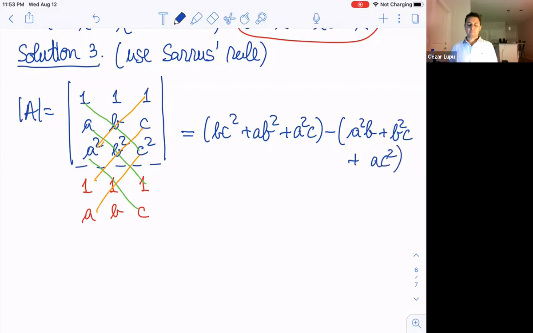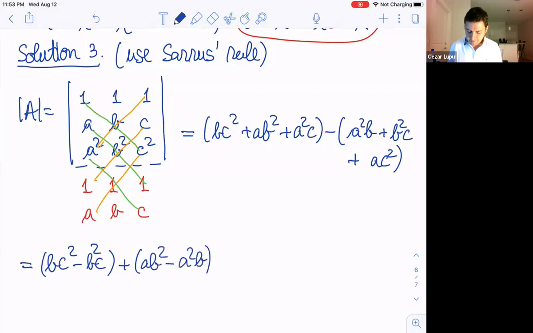Right? And as you can see, we can group this together. Let's do this. We'll have BC squared minus BC, B squared C plus AB squared minus A squared B plus A squared C minus AC squared.